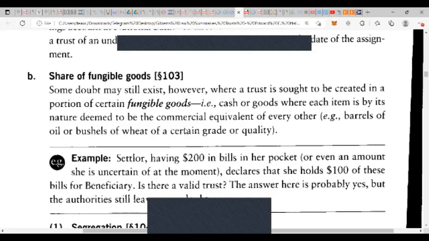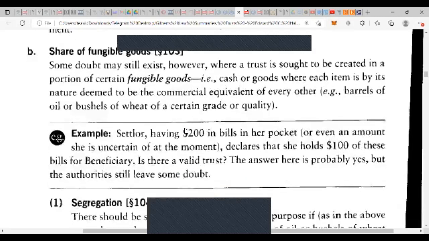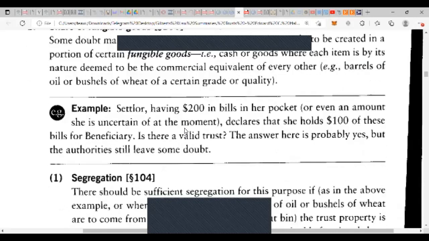Example, settlor having $200 in bills in her pocket, or even an amount she is uncertain of at the moment, declares that she holds $100 of these bills for beneficiary. Is there a valid trust? The answer is probably yes, but the authorities still leave some doubt.